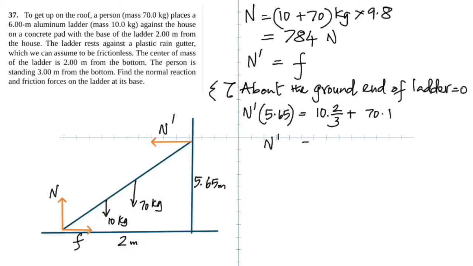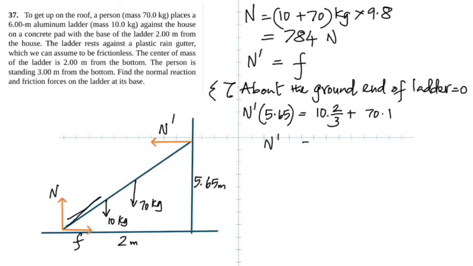And then N prime times this should be equal to 10 times this distance, which is going to be proportionally 1/3 of 2.